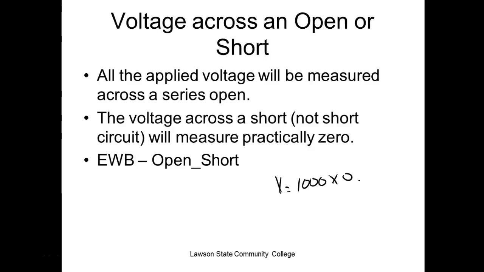Nothing. No voltage across a closed switch, right? You understand? What if I open that switch? It's going to measure applied voltage because nothing in the circuit is dropping any voltage, right? You understand that? So we measure across an open in a series branch, we measure the applied voltage.